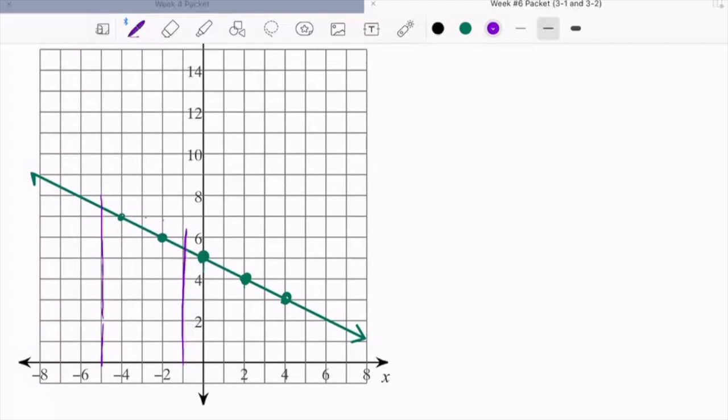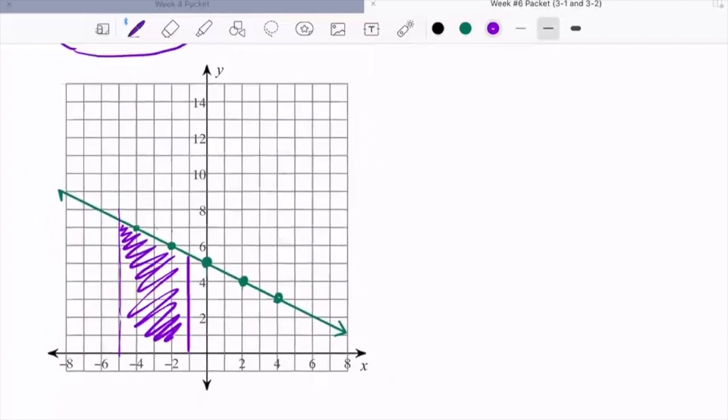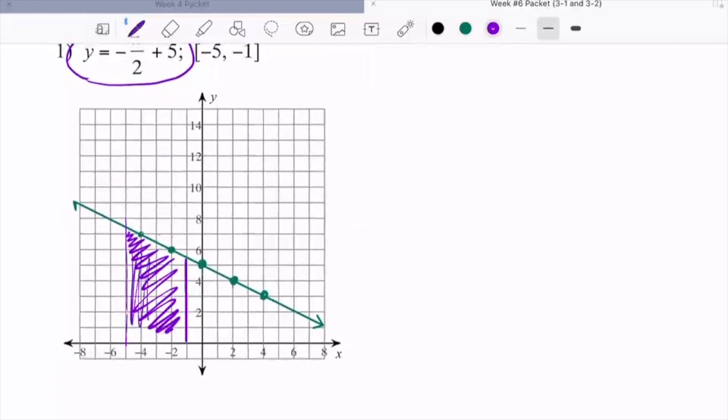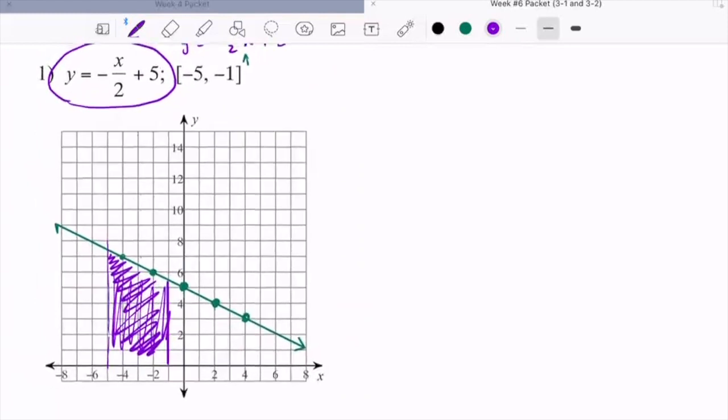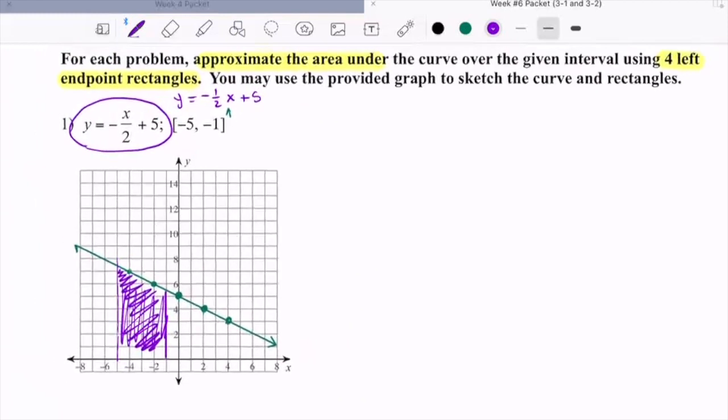The idea here is that we want to estimate this area under the curve. And now we see this shape that's formed is just a trapezoid. So we could compute the area explicitly, but in this problem, we want to get some experience approximating areas under curves using rectangles, because it might be that our curve isn't so pretty.